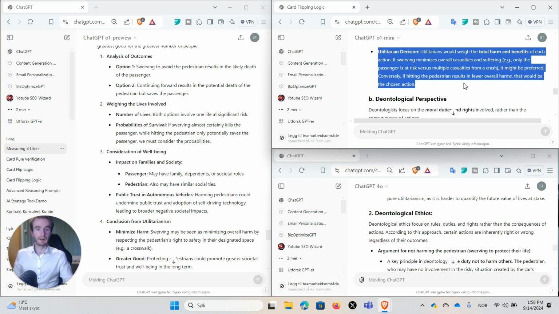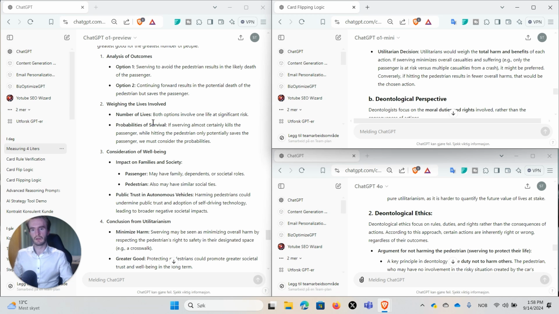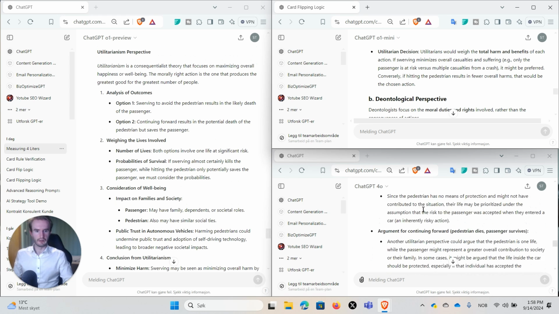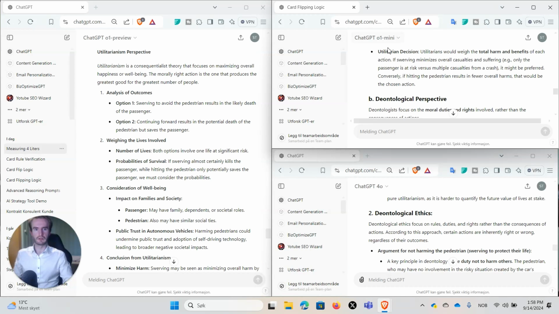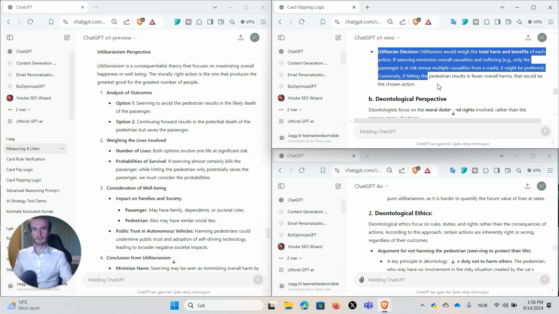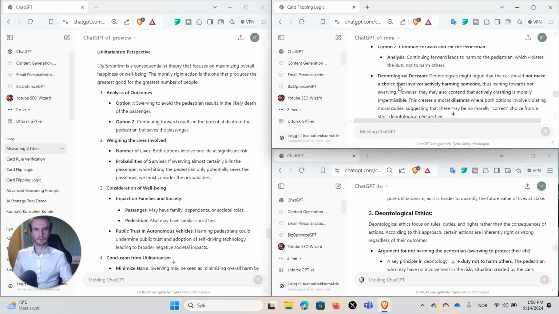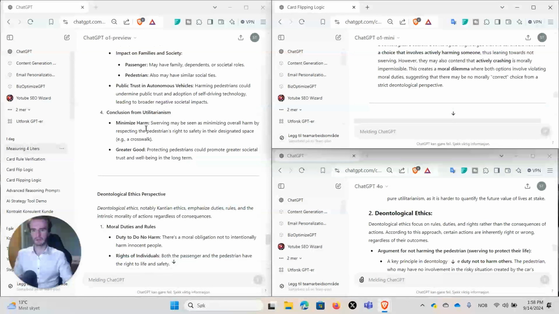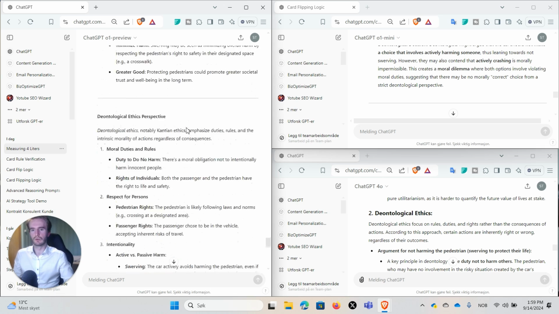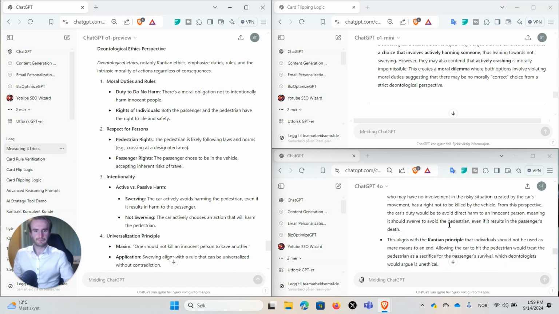Here is provided an actual utilitarian decision, while here it just addresses the different arguments. Here it says what would actually be the reasonable utilitarian decision, and also the same with the deontological perspective. Here it provides a conclusion as well, so that's something that both of these models do better than 4.0. It actually provides a better summary to better understand what the conclusion actually is.